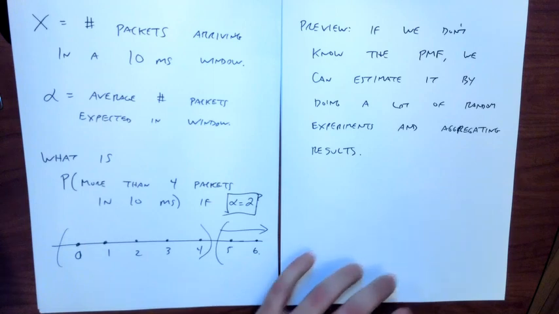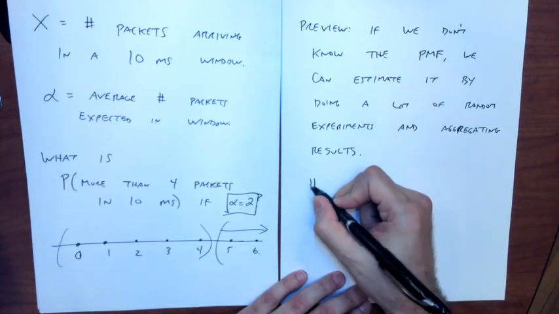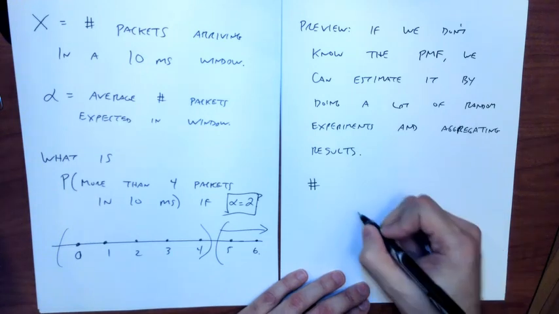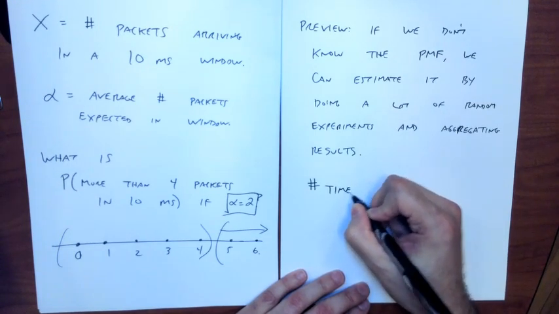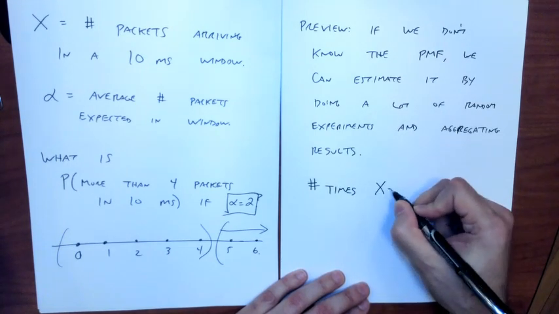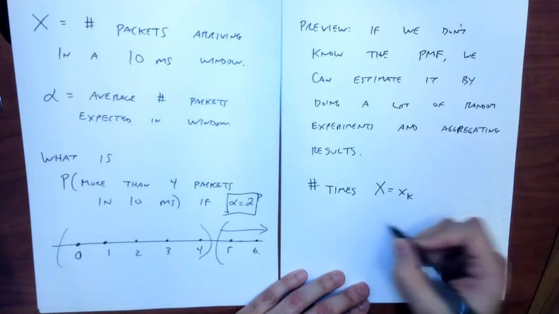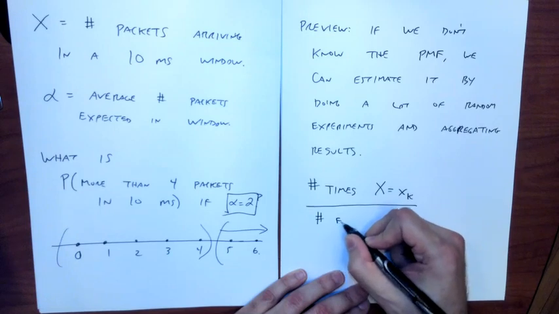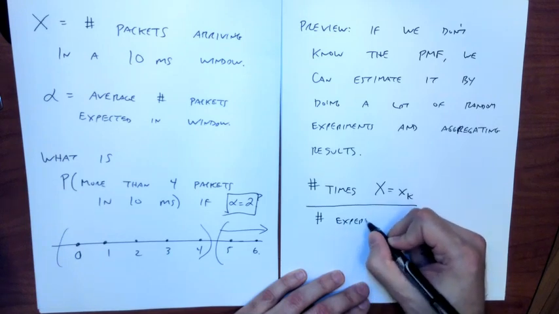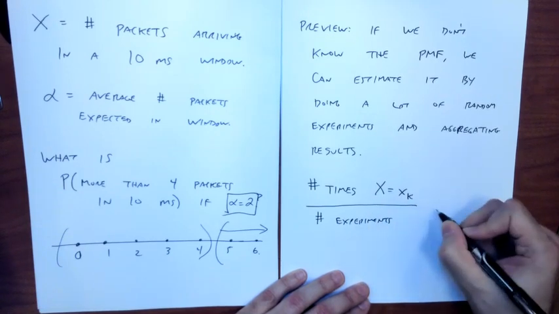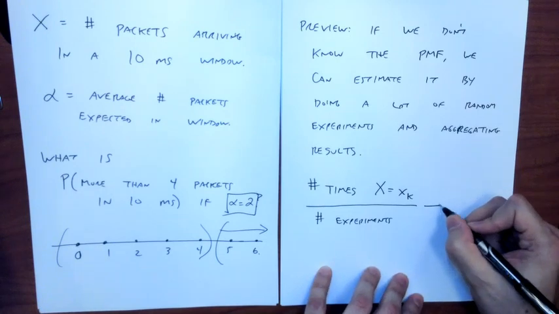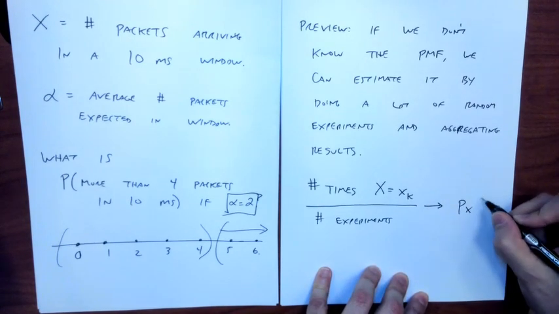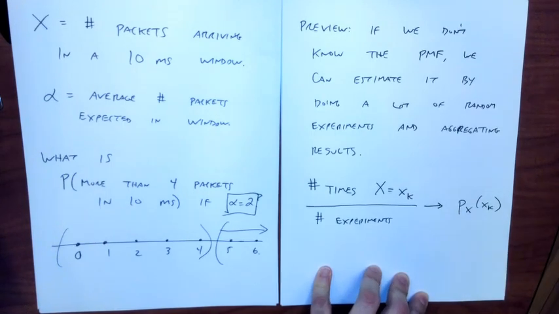What I mean here is that if I want to know the probability of getting a certain value, I could count the number of times that the random variable turned out to be xk, and divide that by the total number of experiments I did, and that should converge in the limit to the probability of xk.